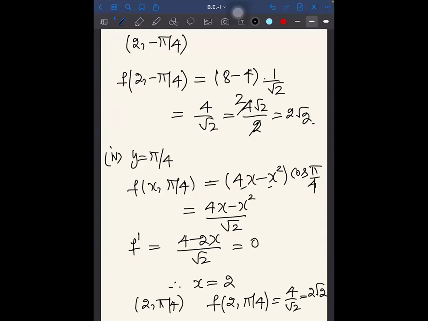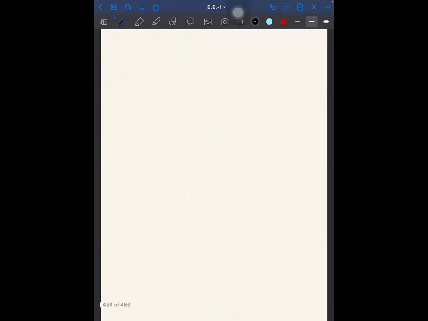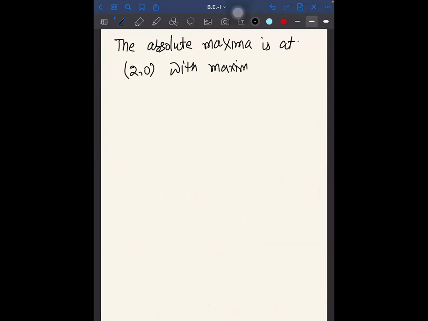So now you have calculated all the values. Now you can tell about the maxima and minima by comparing these. Right? So you come to know that the absolute maxima is at (2, 0) with maximum value to be 4.